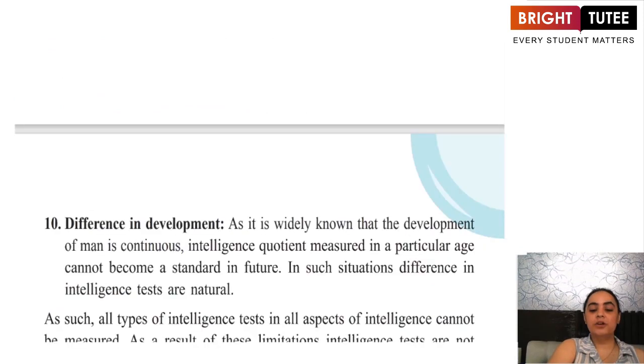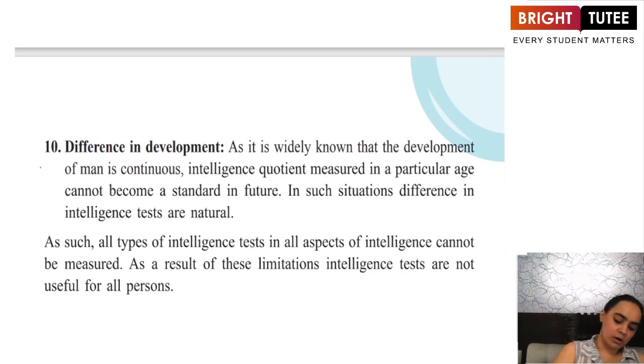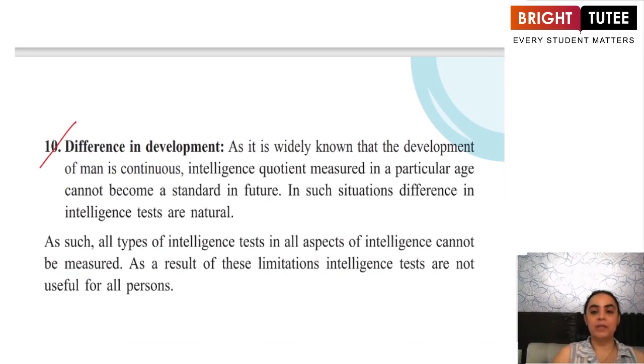And last but not the least is difference in development. Now, we all have learned by now, and we talked about it in detail in the first unit of your book, that development is an ongoing, continuous process. So how can you judge the IQ level of a person at one stage of life and believe that to be the same throughout?